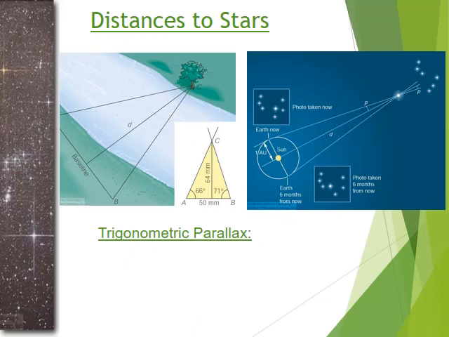Okay, so we've dealt with parallax once before. Remember back in chapter 4, module 4, we talked about how the ancient Greeks made the argument that the Earth had to be stationary because the patterns of the stars all looked the same. The stars didn't really change position with respect to each other, which made them think that the Earth was stationary.